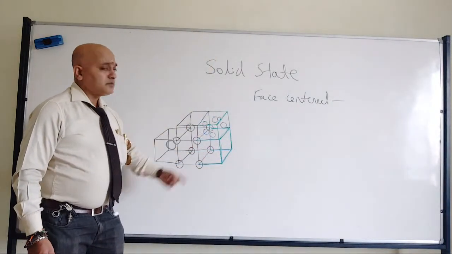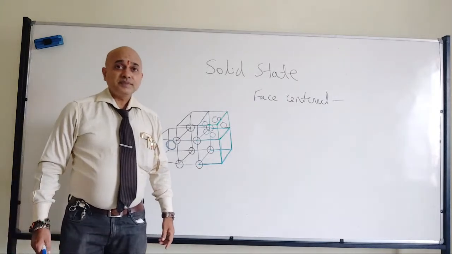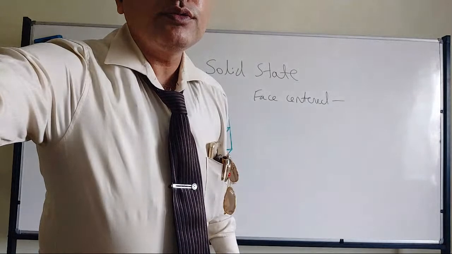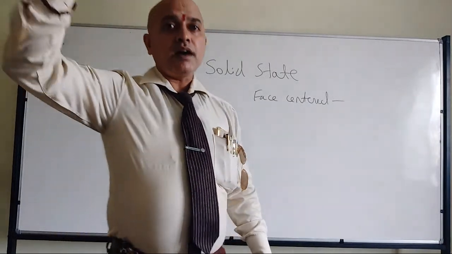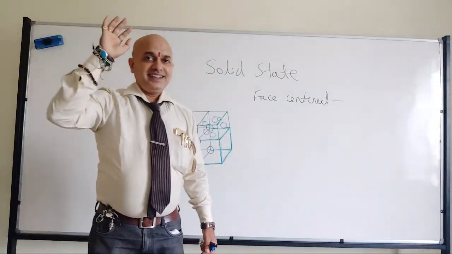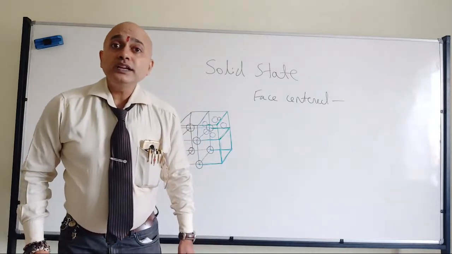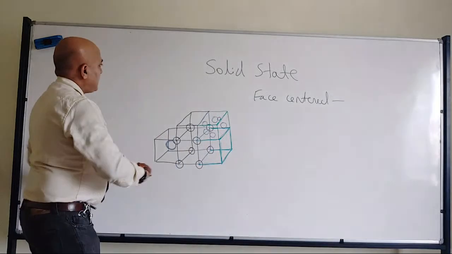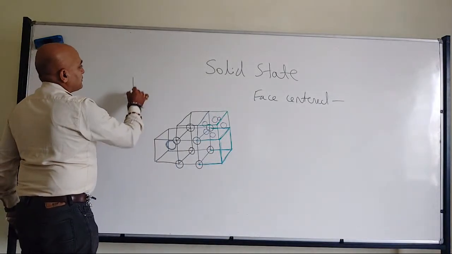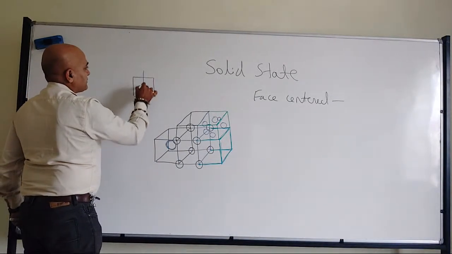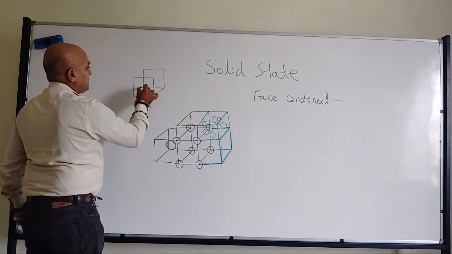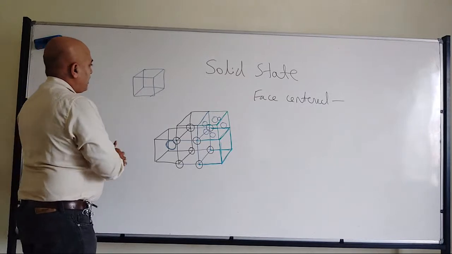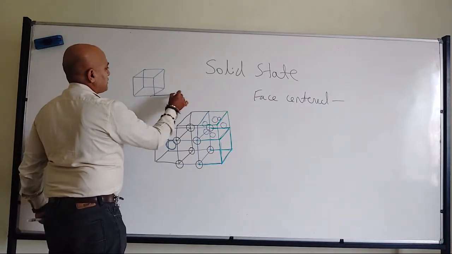We have atoms on the center of the face, and face centered atoms will be shared by, okay, Purnima, no, it will be shared by only 2 unit cells, not 5. So imagine we have one unit cell. Then I will draw another one. Only 2 I will draw here.